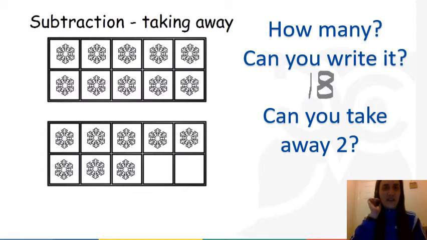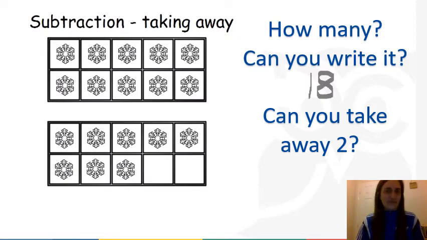I'd like you to pause the video now and put 18 of your objects onto your 10 frames. You're going to have one full 10 frame and the second 10 frame is going to have 8 in it. Pause the video now while you have a go. Okay, brilliant. You should be sorted with your 18 objects on your 10 frame.